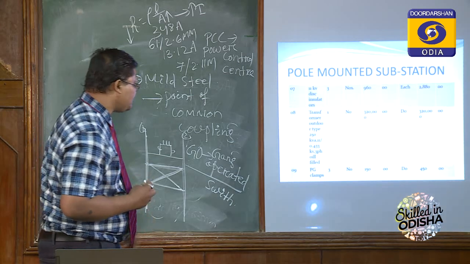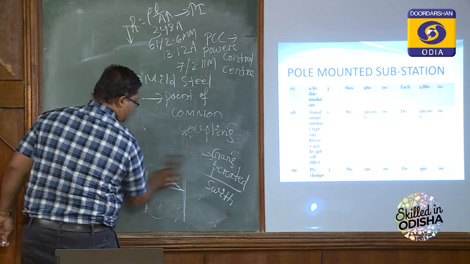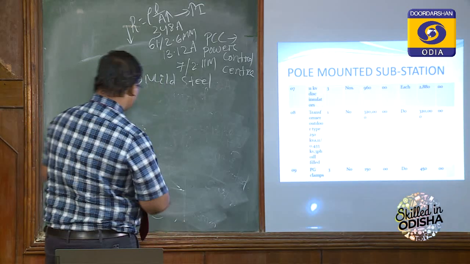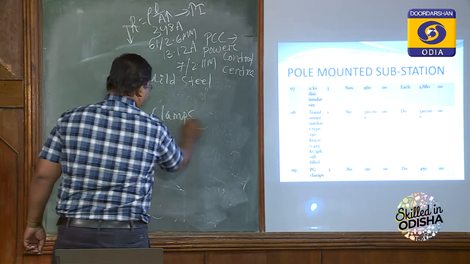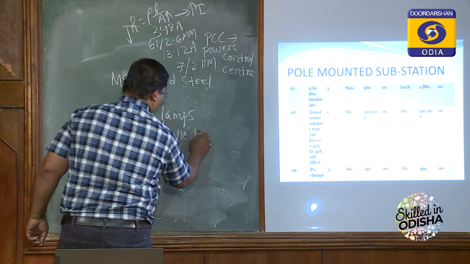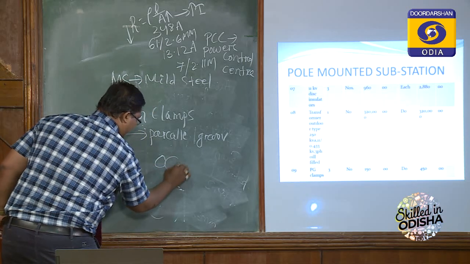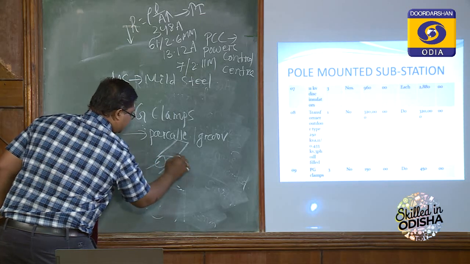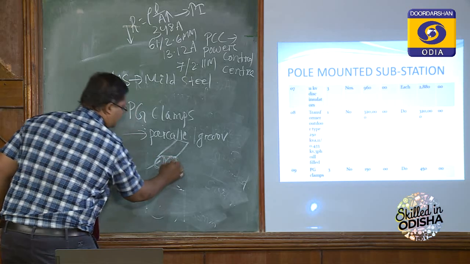Next is PG clamps. PG means parallel groove. Here there are two circular paths in the parallel groove, and under this the conductor is placed.